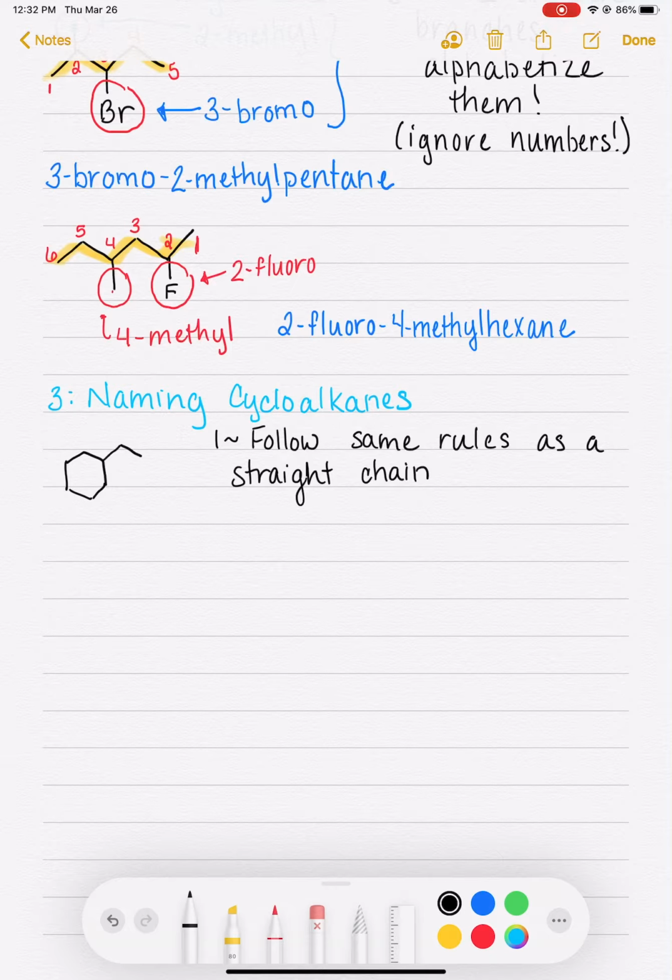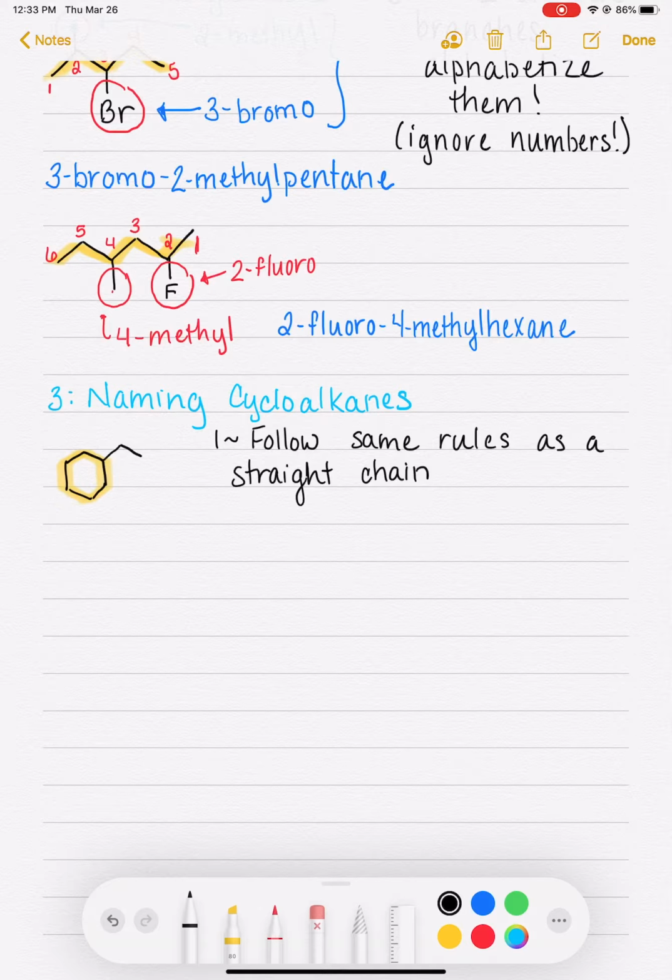Let's give it a branch or a substituent. So if we're following the same rules as we would for a straight chain alkane, we're looking for the longest continuous chain of carbons, and that is going to be the ring. That will be our longest continuous chain.